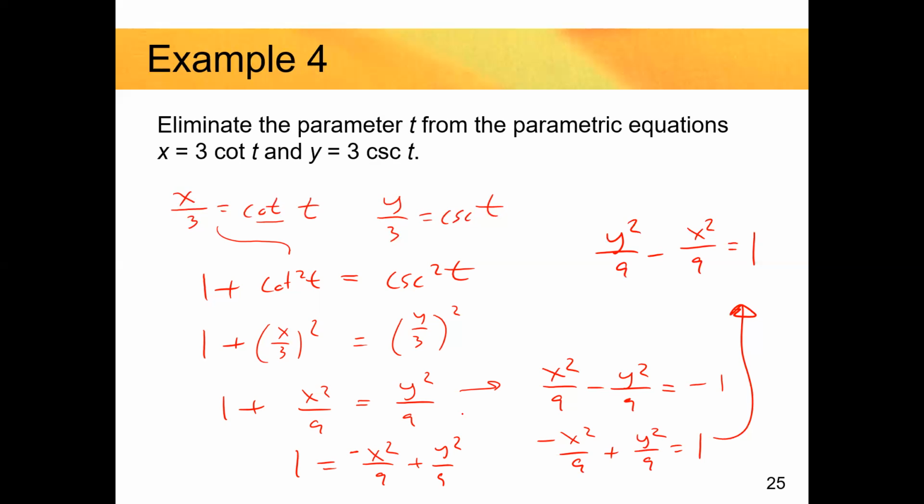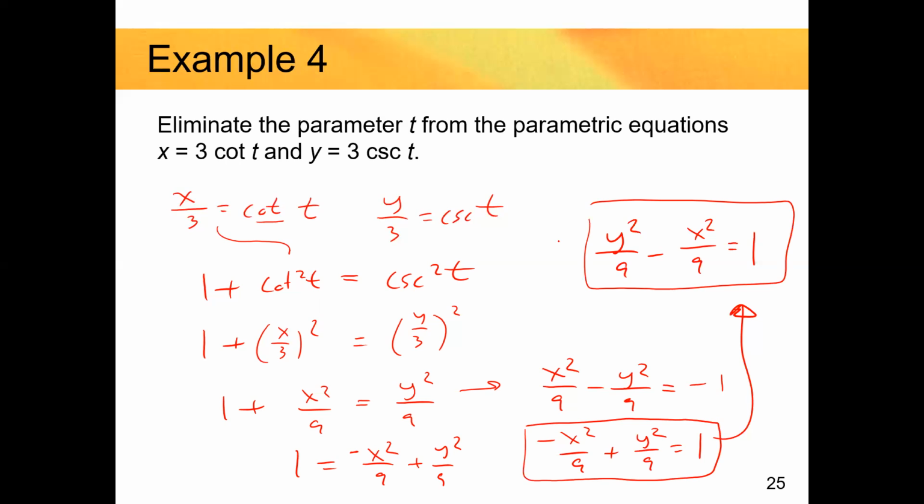If it was a plus, it would be a circle, multiply by 9 on both sides, and be done. So can we write it as y squared over 9 minus x squared over 9, or is the first one the correct way? This way is fine, there's nothing wrong with that. This way is the more preferred way, because it's the way we normally write hyperbolas, with the negative one second. Okay, I didn't know that.